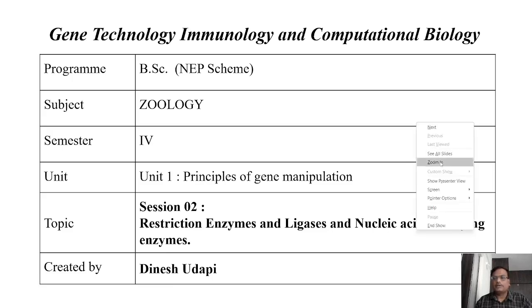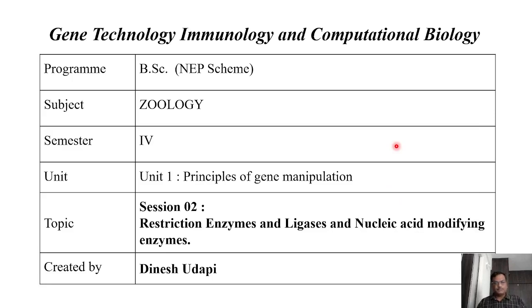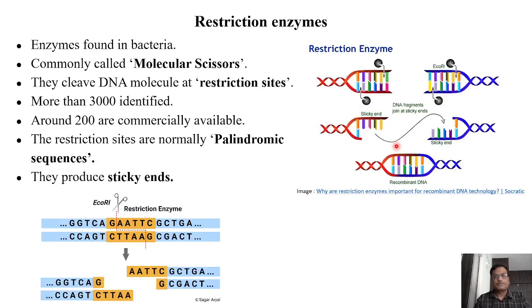In this video, we'll continue with the second session and we will study the restriction enzymes, ligases and nucleic acid modifying enzymes which are used in recombinant DNA technology. Restriction enzymes.